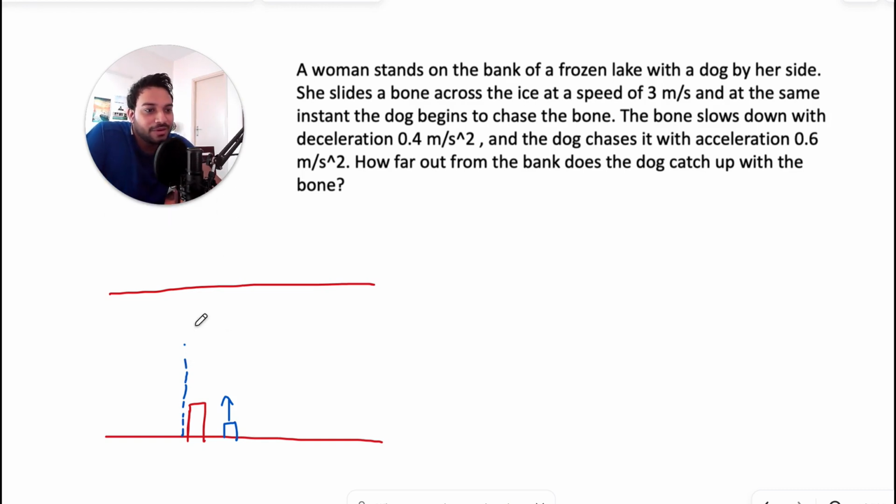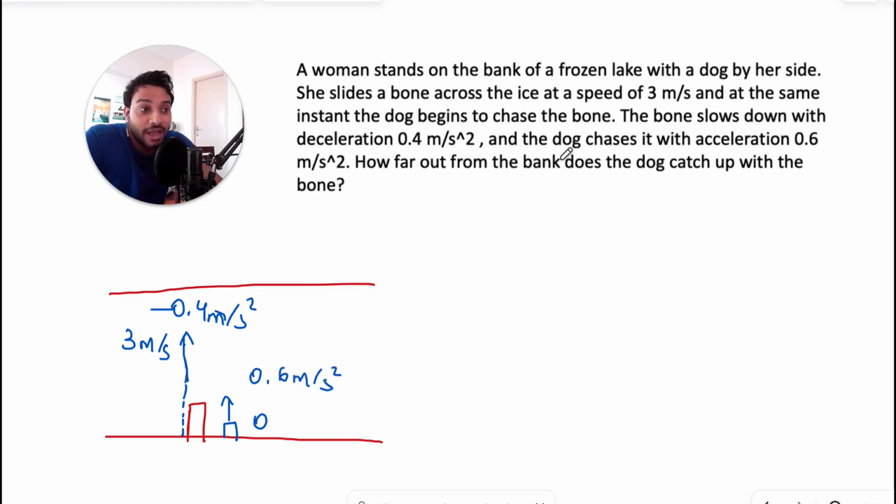Okay, so the bone has its motion this side, and the dog is also chasing. Let's write the parameters of motion. The initial speed of the bone is 3 meters per second and it's decelerating at 0.4 meters per second squared, so negative. The dog starts from rest and it's accelerating at 0.6 meters per second squared.